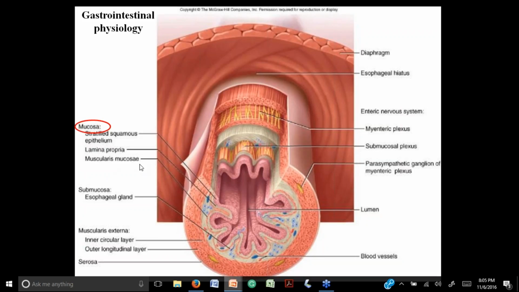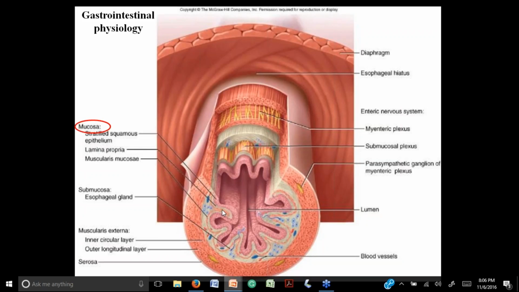And then we have the muscularis mucosae. Please don't get confused, students sometimes do. That is actually the muscularis area that is here, and this muscularis mucosae just belongs to the mucosa. It is a smooth muscle.